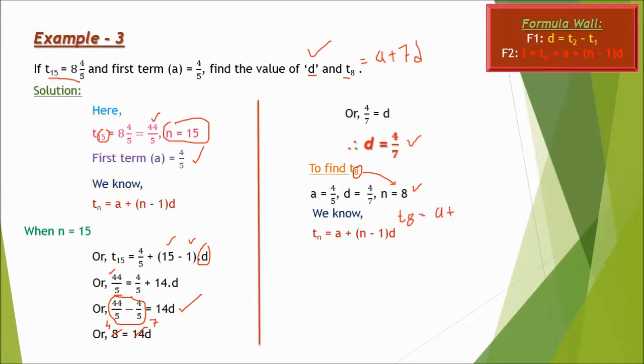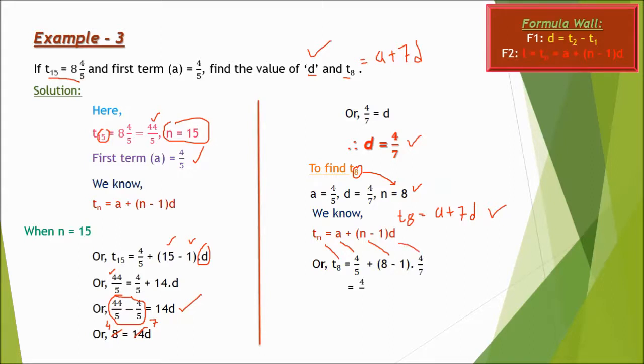It will be very easy for you. You can write directly T8 equal to a plus 7d. Or T8 is equal to, n is replaced by 8, a is replaced by 4 by 5, and d will be replaced by 4 by 7.